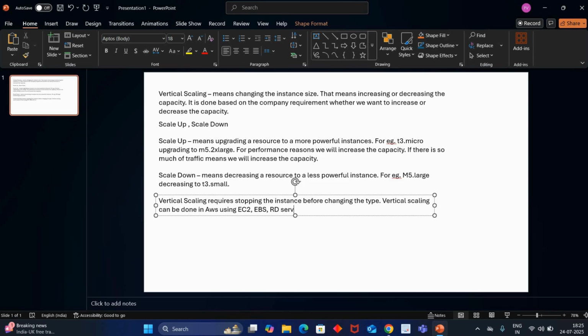Okay, so using these services we can do vertical scaling in AWS. So that's it. This is all about vertical scaling.